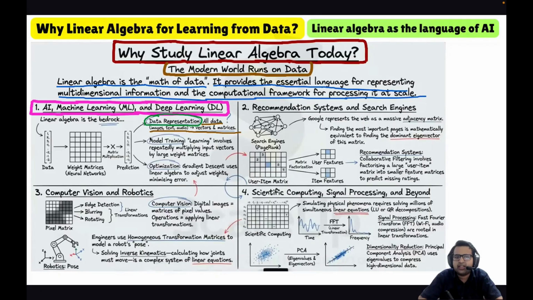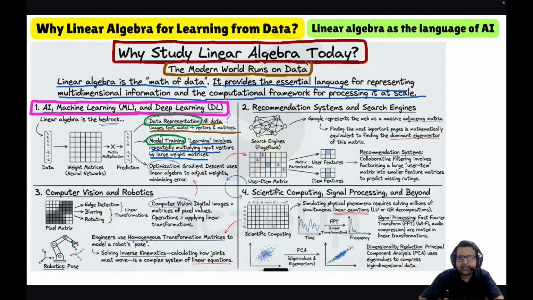Similarly, linear algebra is used for model training. In neural networks, learning involves repeatedly multiplying input vectors by large weight matrices. That multiplication is carried out using the principles of linear algebra, and hence linear algebra plays a role in model training.